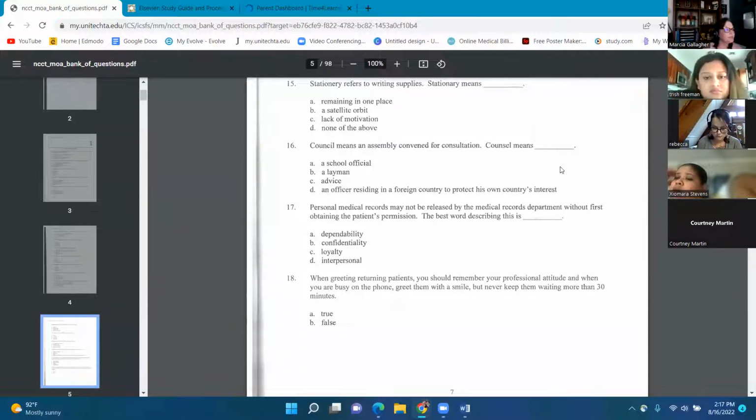Okay, number 16, council, C-O-U-N-C-I-L, means an assembly convened for consultation. Counsel, which is S-E-L, means a school official, a layman, advice, an officer residing in a foreign country to protect his own country's interest. A?